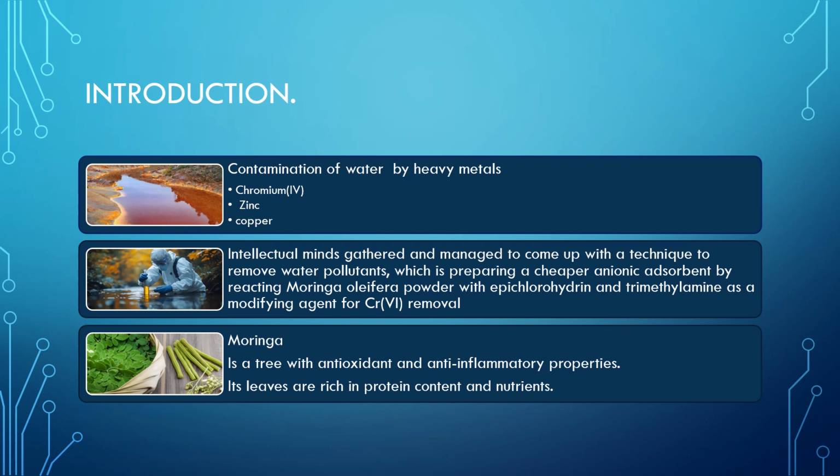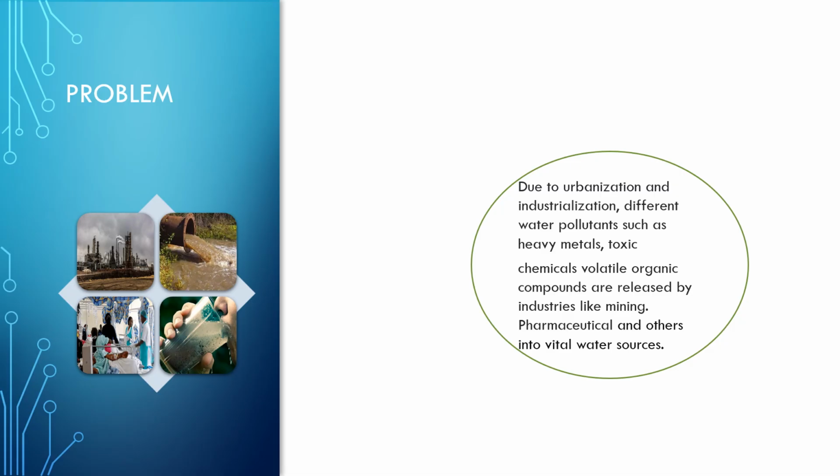a human's immune system. In order for us to understand the problem of water pollution that we are trying to address, let's take, for example, a gold mine. They purify their precious metals, and the water they use contains these heavy metals. They dispose of it as waste, or sometimes they just let it flow with the rivers.